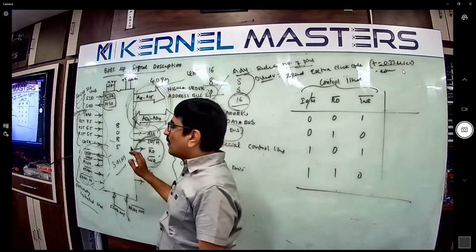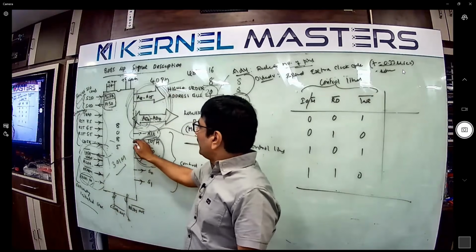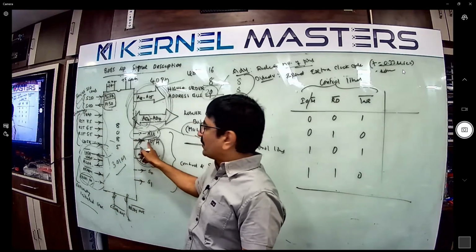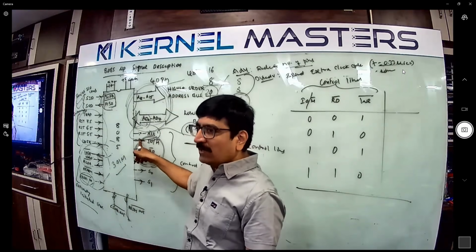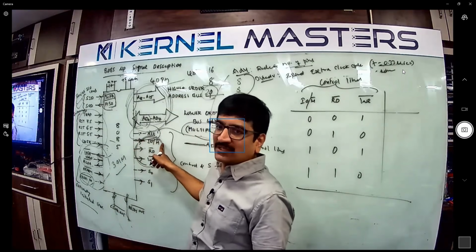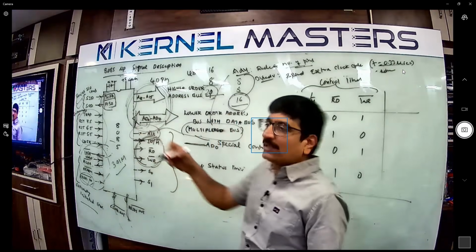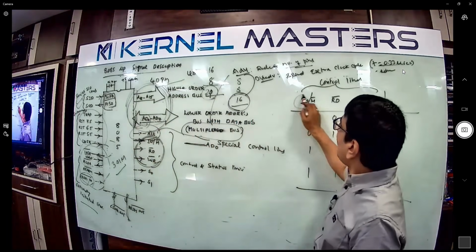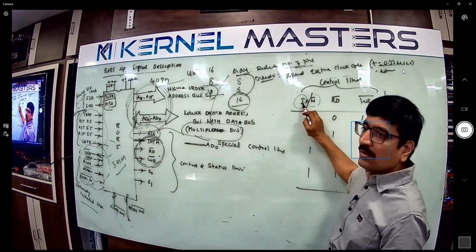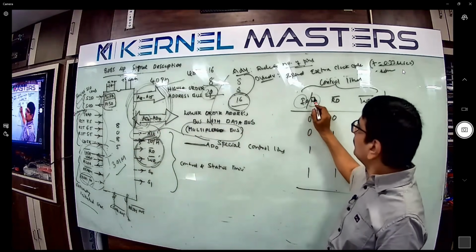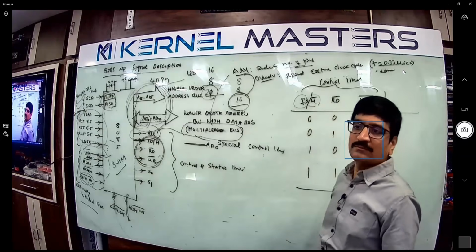So you can see IO/M bar. The pin indicates two functionalities only. When the pin is high, it is an IO operation. When the pin is low, it is a memory operation. The pin performs IO operation and also memory operation. Pin high is IO, pin low is what? Memory. That's why M has a complement.